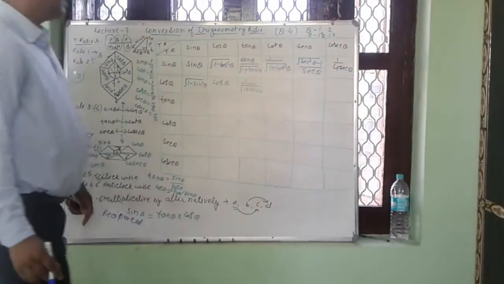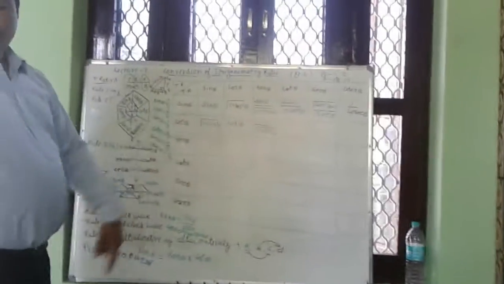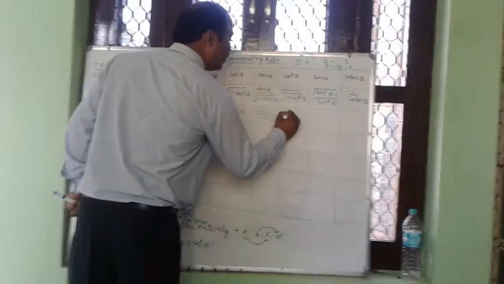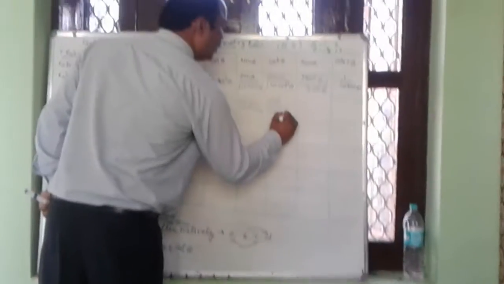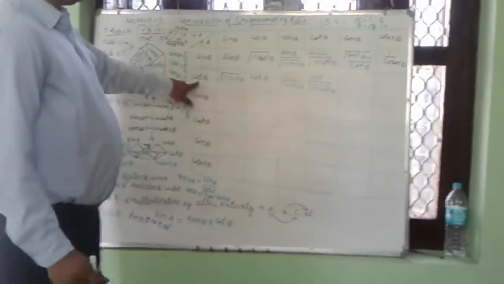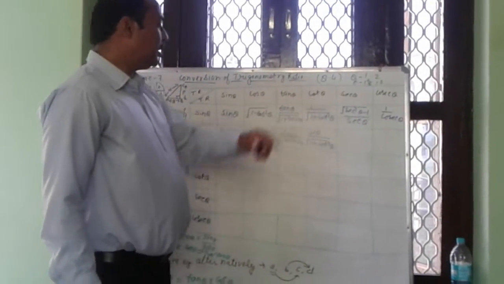In terms of cot theta, it is cot theta upon root 1 plus cot square theta.